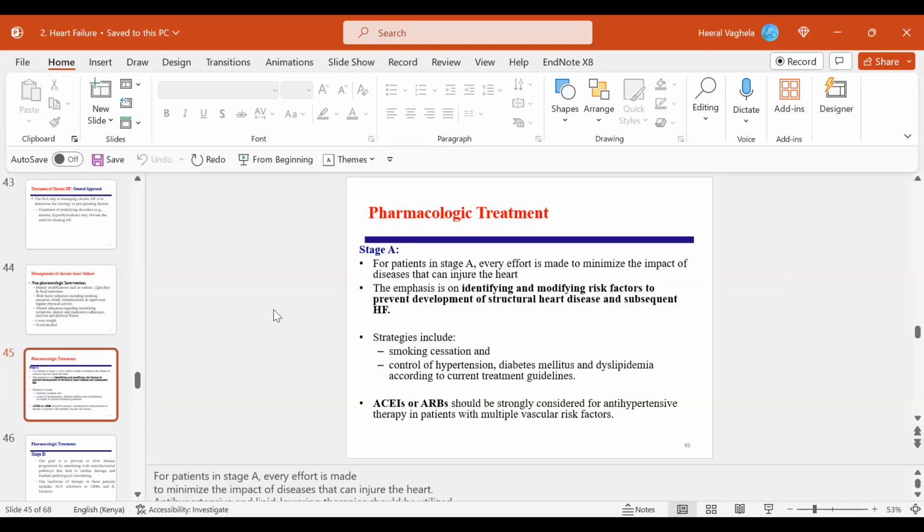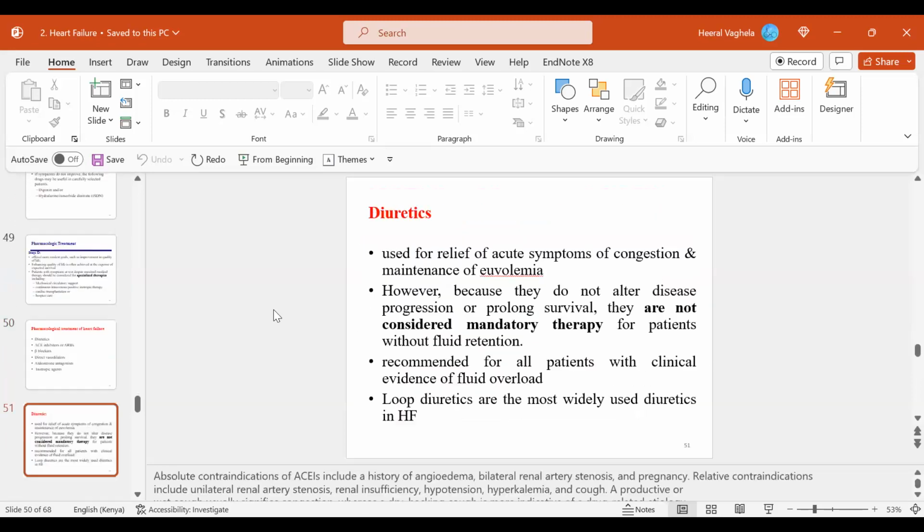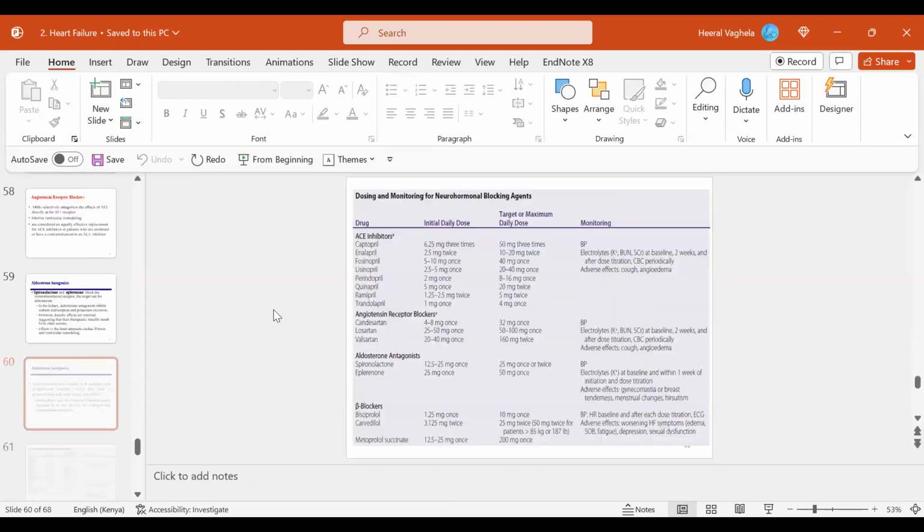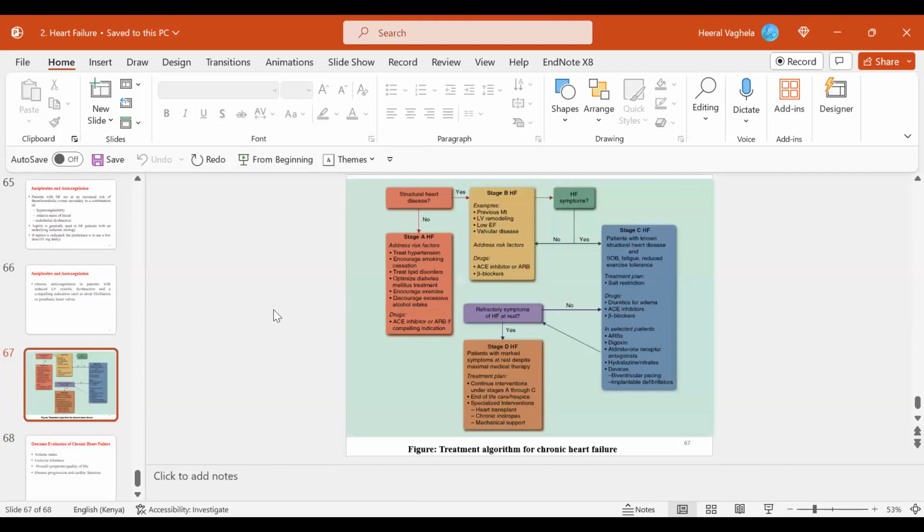Okay, so stage A, where there is high risk of heart failure. The drugs you use are usually ACE inhibitors or ARBs.